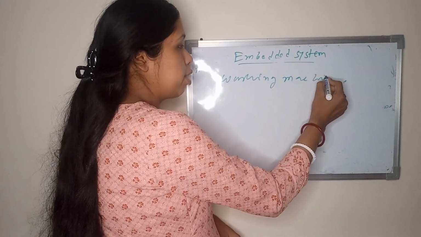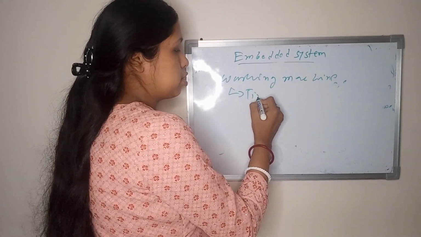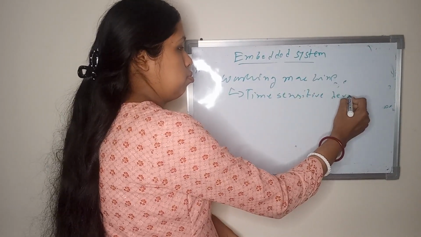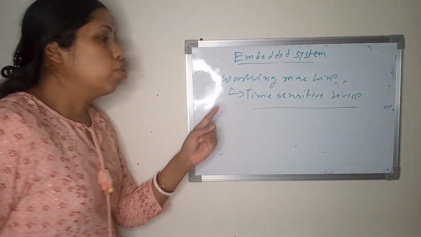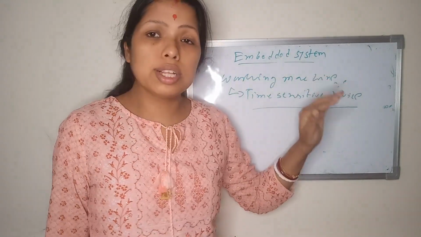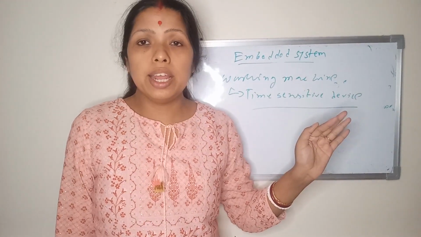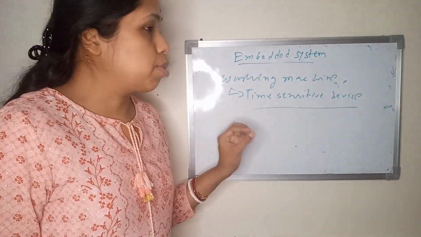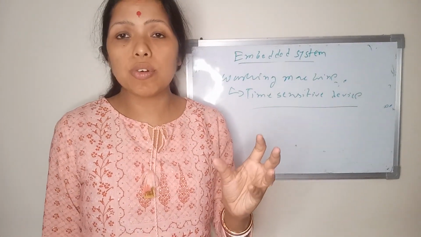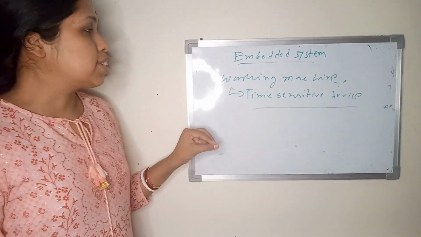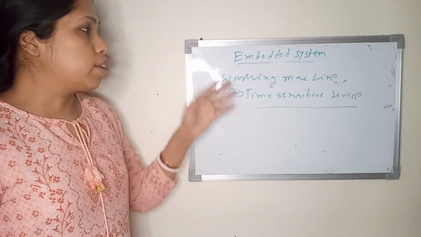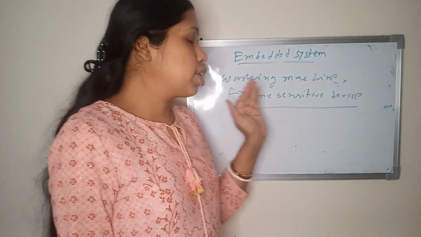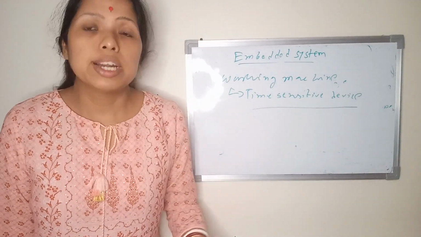A microcontroller is one kind of integrated circuit. This is also called an embedded system, a small circuit. This circuit can be placed inside the washing machine, so the entire system becomes an embedded system, for performing some specific task within a specific time.